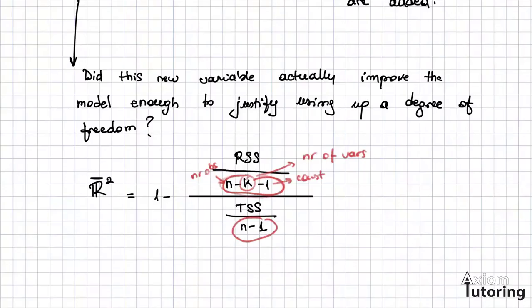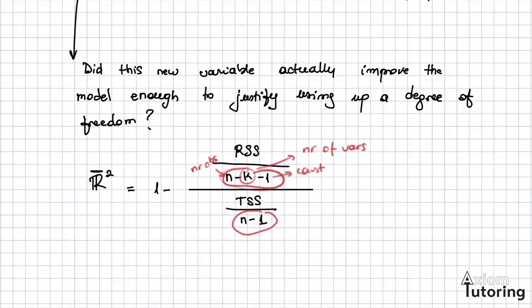You just need to understand what it's correcting for. Most of the time, exams don't require you to remember these formulas, especially for the adjusted R squared. However, you need to know why we need it, what it's correcting for, and why it gives you a better overview compared to the R squared.